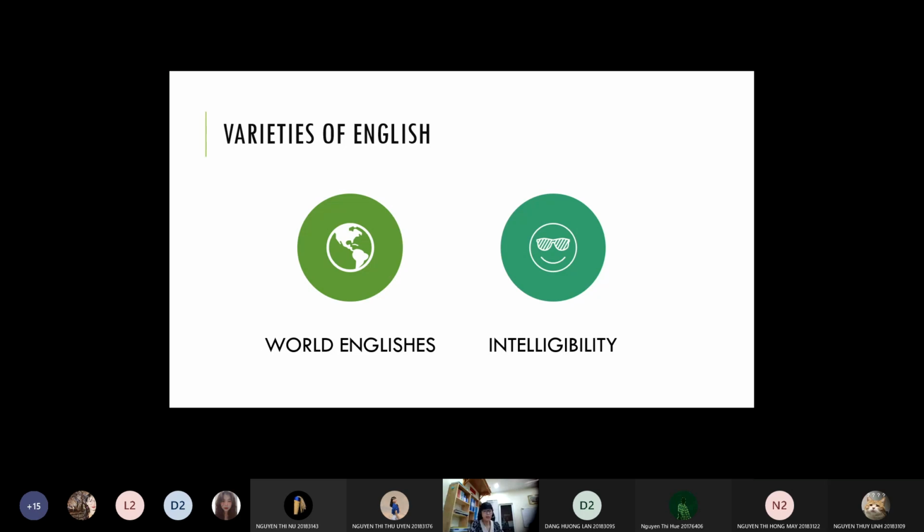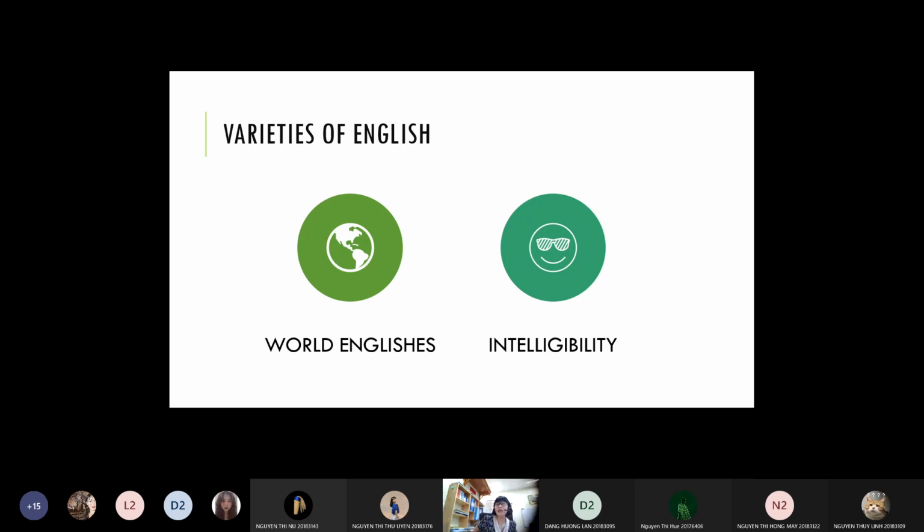Okay, so we cannot say that the North accent of Vietnamese is the standard. Then the people from the South, they may say, no, that's not the standard. Ours is the standard. So the aim should be intelligibility, understandable. It's understandable to the listeners.